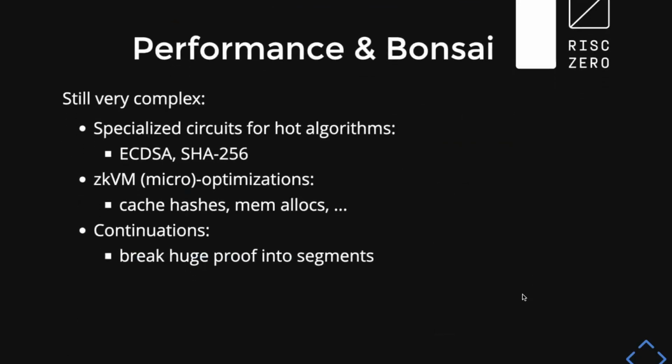Okay, and now let's talk a bit about the performance. So we did a lot of optimizations, like the partial state tree being the most important one, but it still is a very complex program. And so what can you do and what happened there to optimize this? The first point is exactly the same as you see in traditional software development.